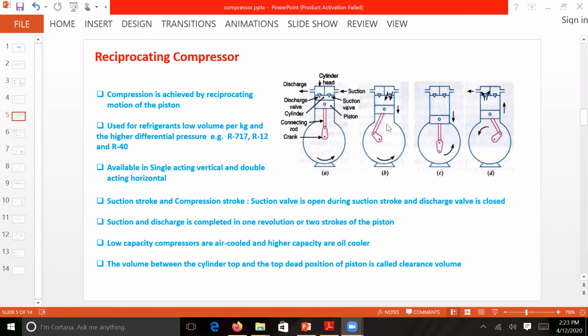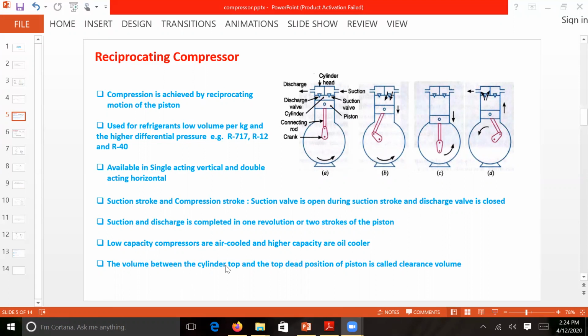Per revolution of the crankshaft, one suction and one compression stroke are completed. These are low capacity compressors and are air cooled, and higher capacity ones are oil cooled. If it is higher capacity, naturally there are lots of movements, which need lubrication and cooling, so they are oil cooled.